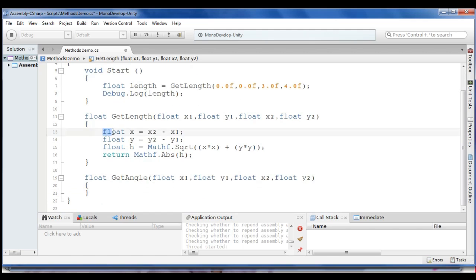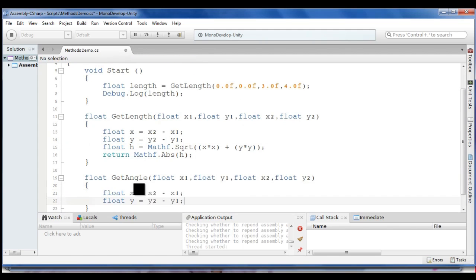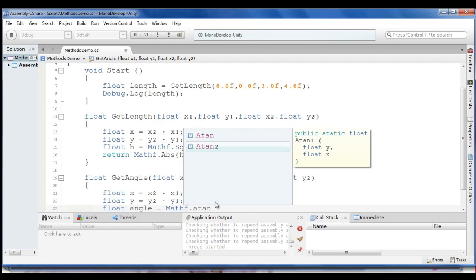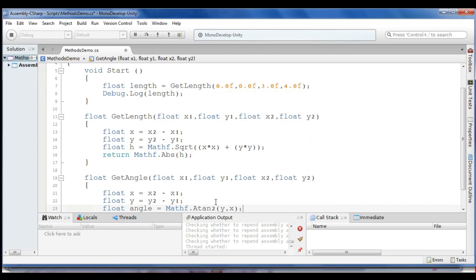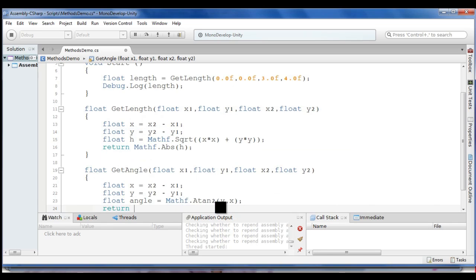And we find out the x distance and y distance. Of course we need that. Here I paste it, x distance and y distance we get. And we are going to say here float angle is equal to Mathf.Atan2, and we pass y comma x. Then we return the angle, and let us check it out.